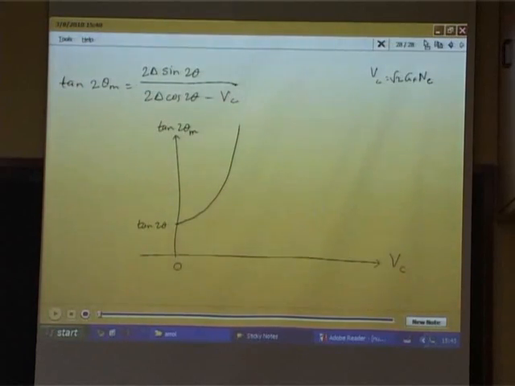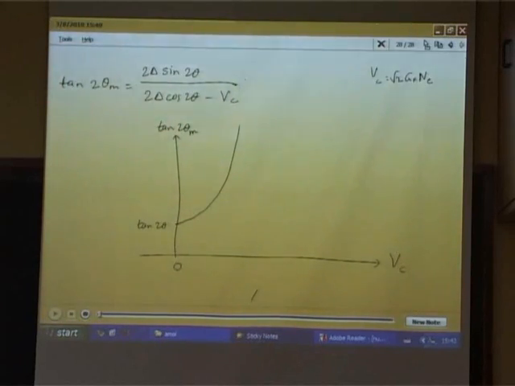After that, it will become negative. First it will become negative but very large. So it will come out from this end, and then as VC increases, it becomes smaller and smaller, but still stays negative.